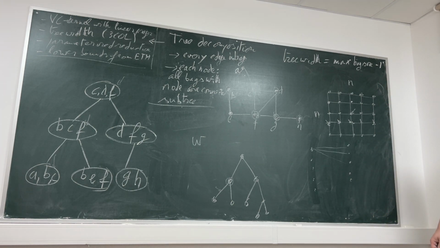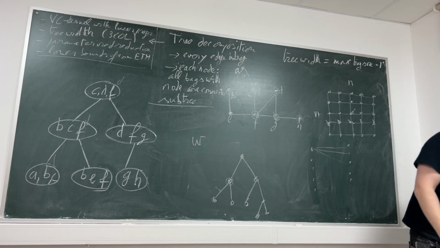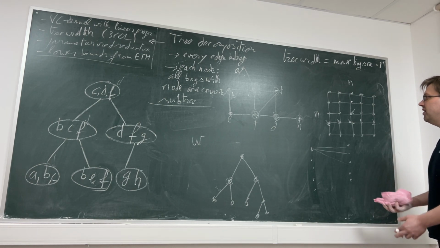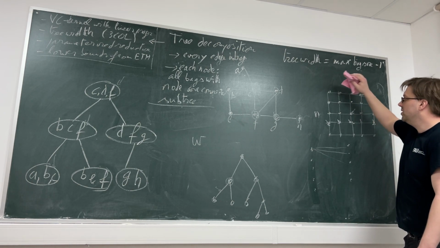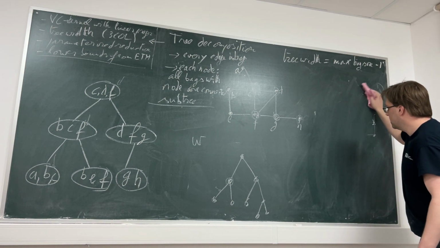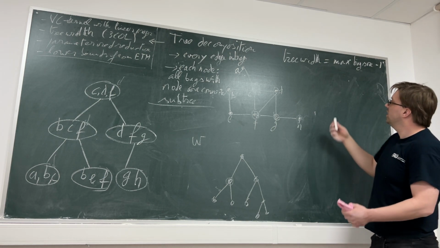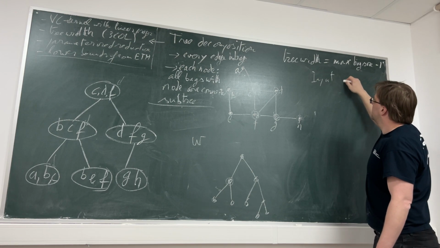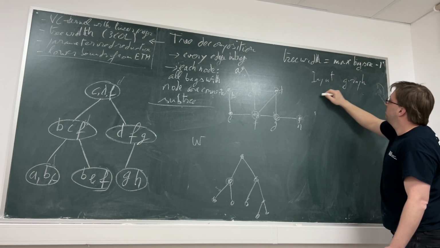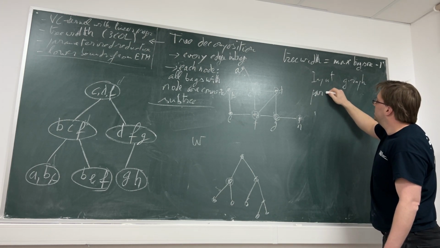And now the solution. How do we solve the 3-colorability problem here? Once you understand this definition, it's all easy. So let's start with 3-colorability. The input is just a graph. The parameter is the tree width.